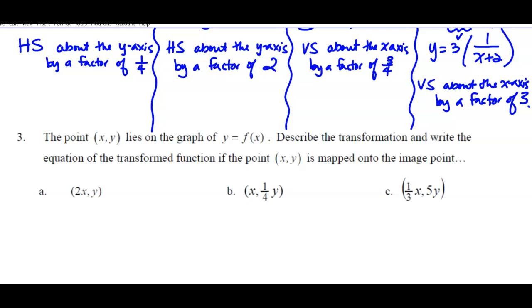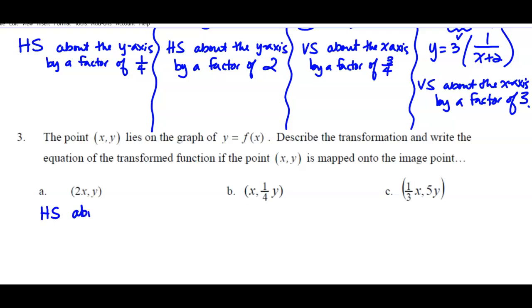So now we're given mapping notation, and we have to describe what it is and state the equation. So this, remember mapping notation, it is what it is. So this is a horizontal stretch about the y-axis, or you can put that at the end.